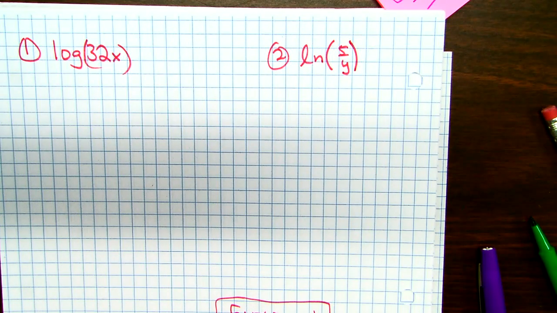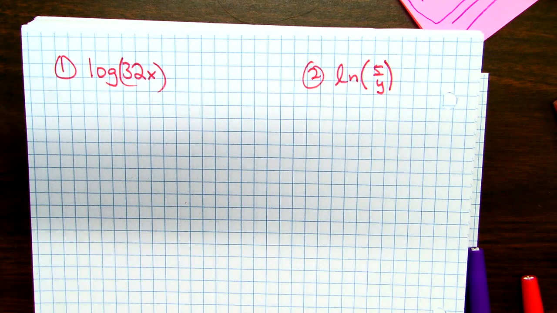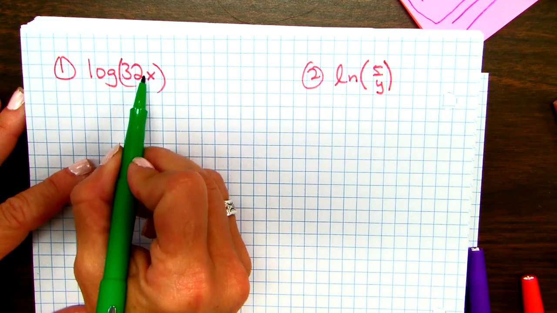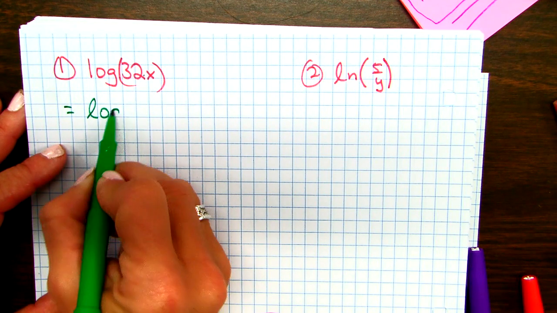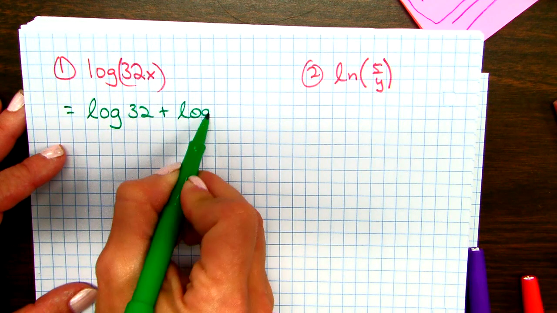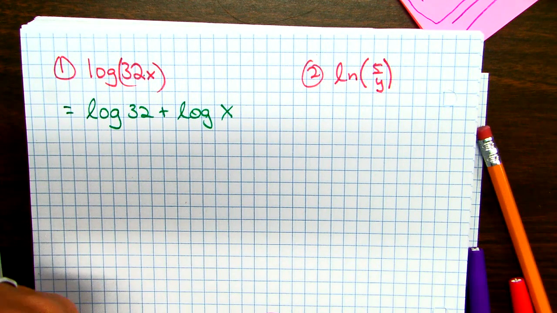Okay, good? All right, so number 1, she should have had parentheses on there. I keep finding a lot of her mistakes. Okay, so log 32x, that 32x means multiplication, so when I expand it, it becomes addition. Multiplication to addition. Always check the numbers.